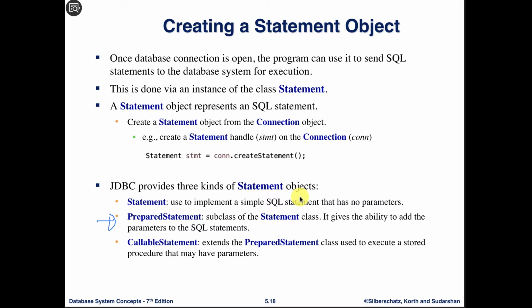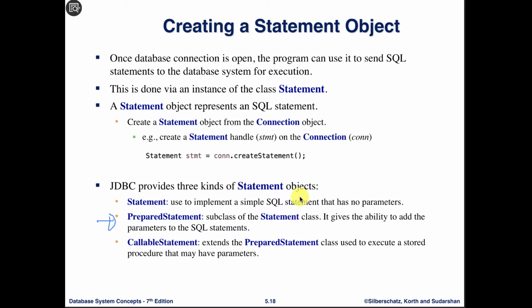You can use what's called a prepared statement, which looks like a statement, but it has the ability to add what is called a parameter to the SQL statement. We're going to cover this in more detail later. It looks like you have a placeholder, a question mark, and then after that you pass the data later. For simplicity, when you create a prepared statement, you send two different things.